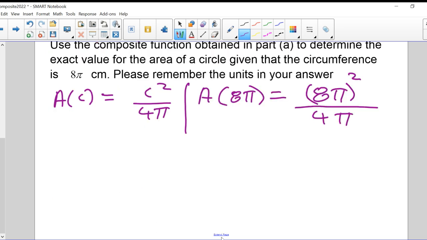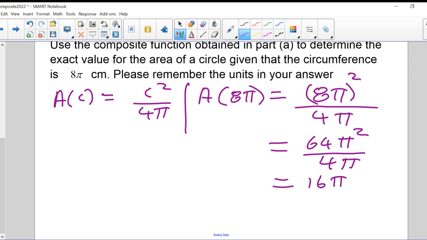Let's keep going. 8 pi squared, 8 squared is 64, pi squared over 4 pi. 4 goes into 64, I believe, 16 times. Is that right? Yeah, I think so. The pi's are going to cancel out, but not completely. So 16 pi is my answer.